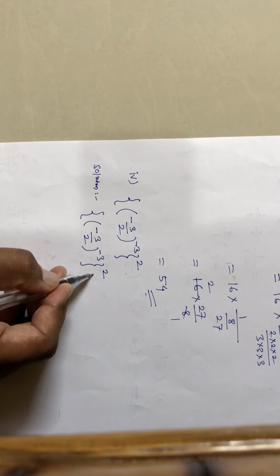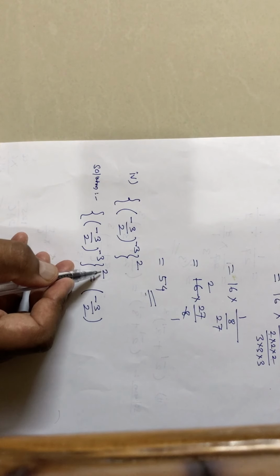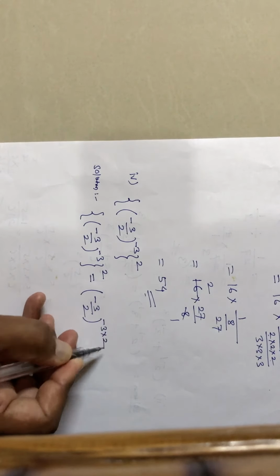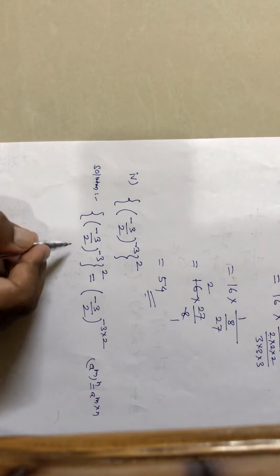minus 3 upon 2. We know the rule: a raised to m, raised to n, is equal to a raised to m multiplied by n.